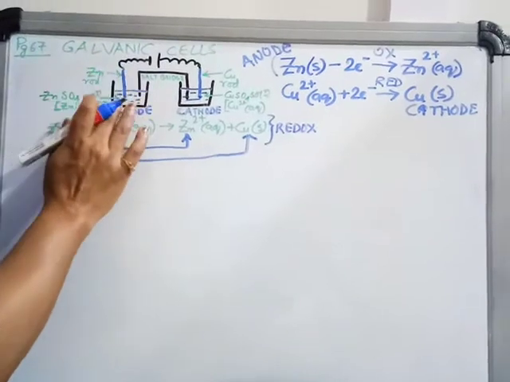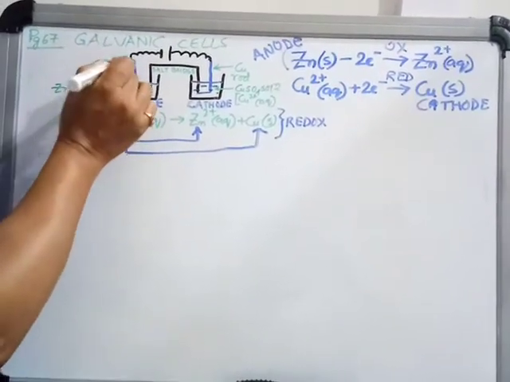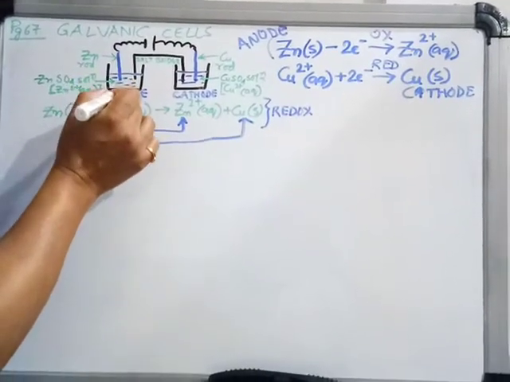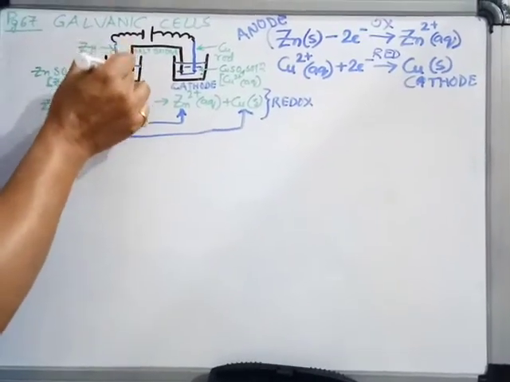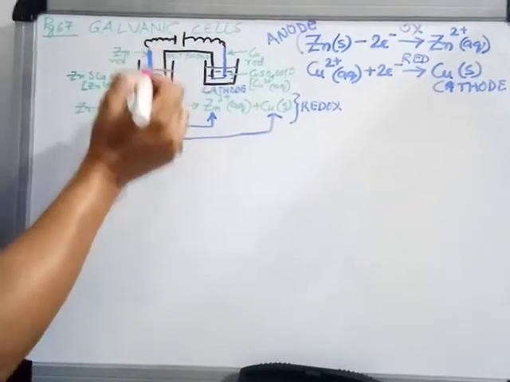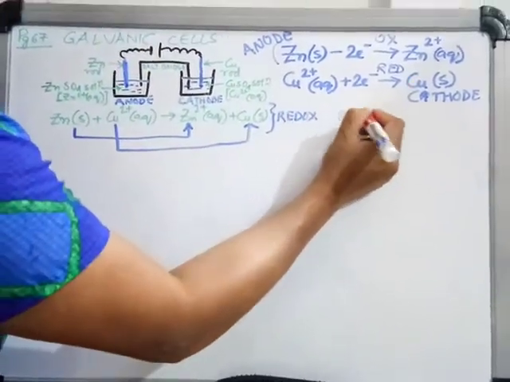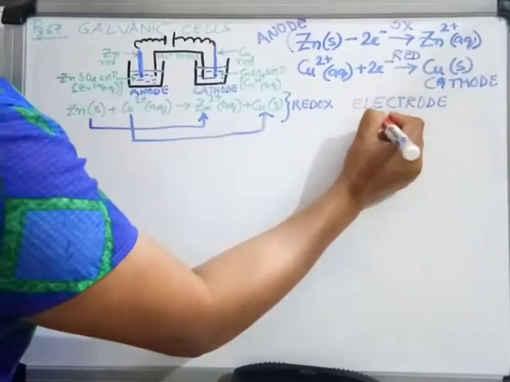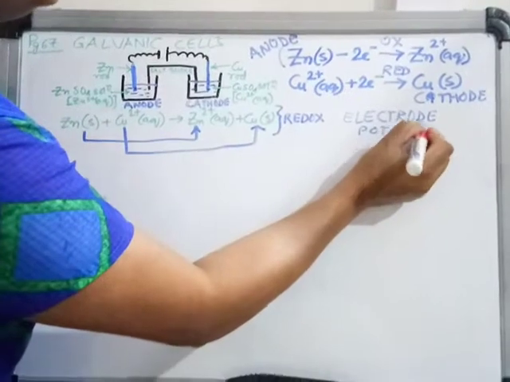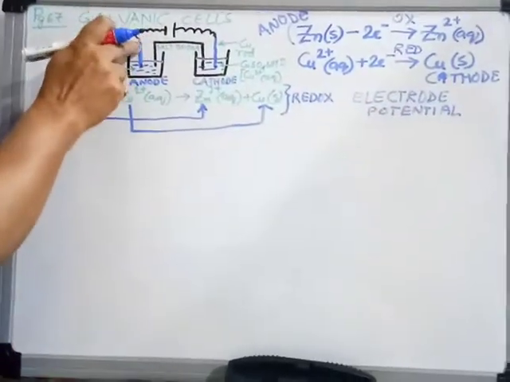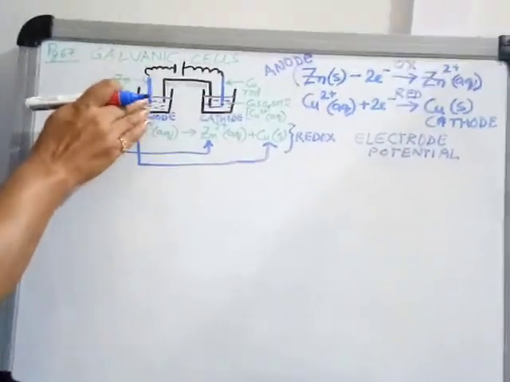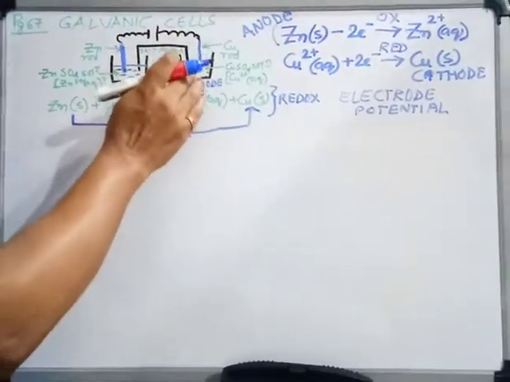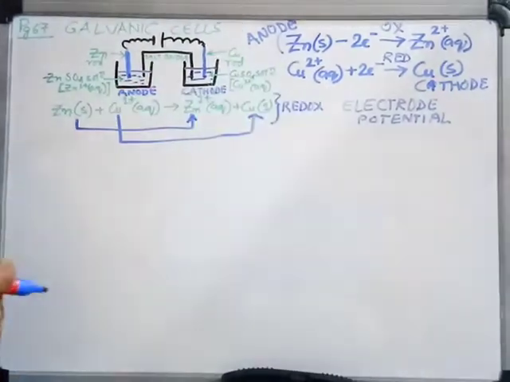A potential difference develops between the electrode and the electrolyte, and this particular potential difference is called the electrode potential. So between this rod and this electrolyte there is an electrode potential. Between this rod and this one also there is a potential difference, which is also called the electrode potential.